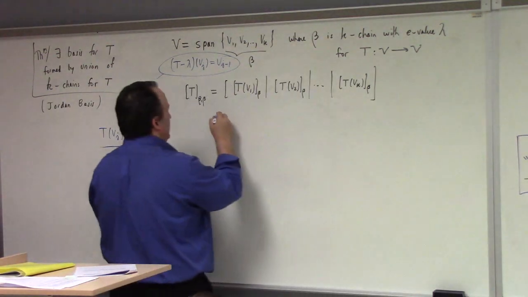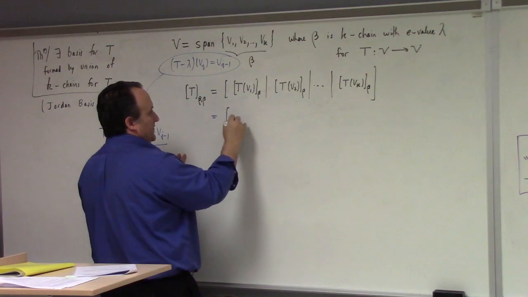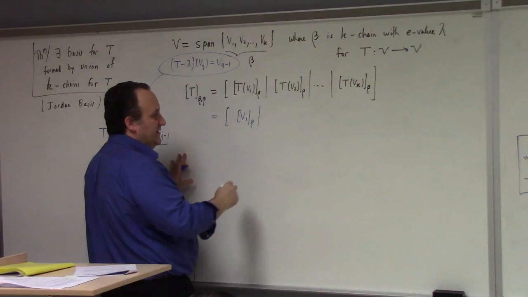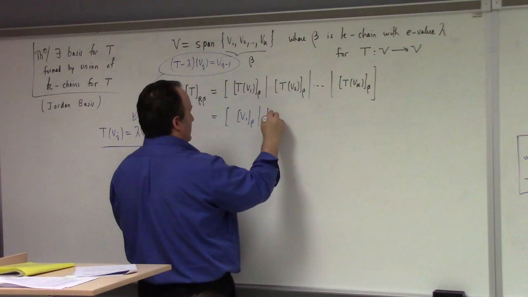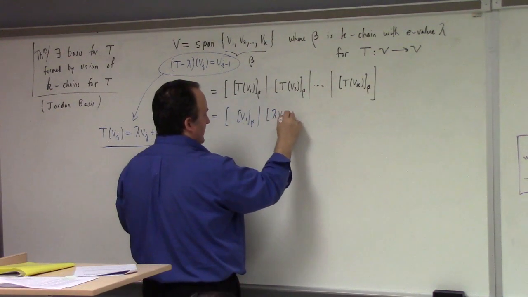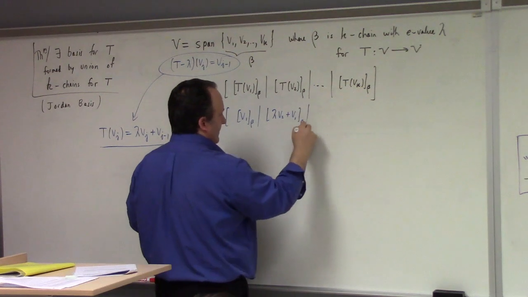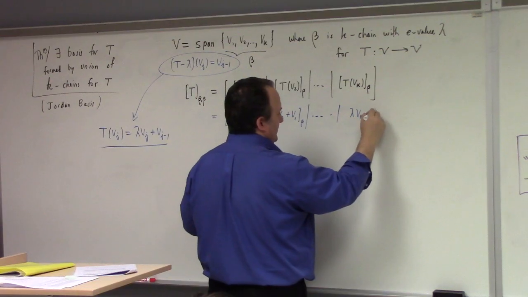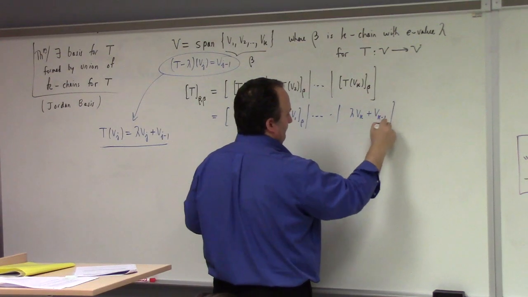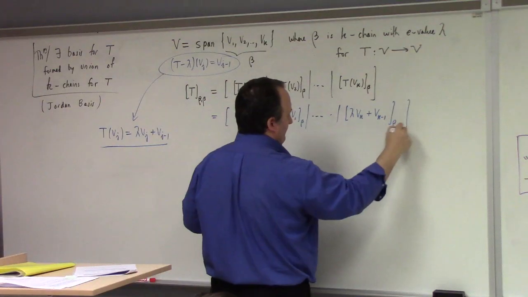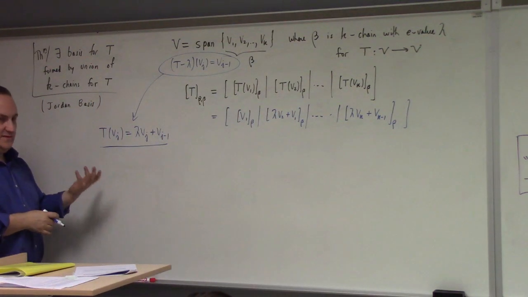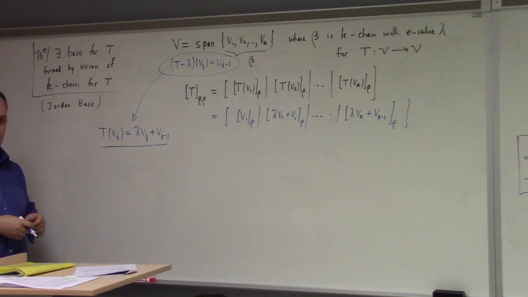Now the first one is not like the others. The first one is just lambda v1. The second one is lambda v2 plus v1. And this goes on, lambda vk plus v(k minus 1). You guys have had some experience with coordinates at this point. What are the coordinate vectors for these given that basis beta?